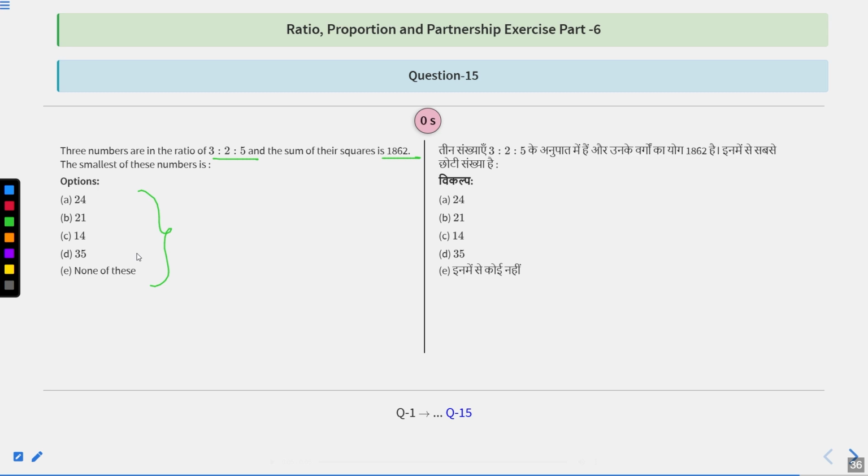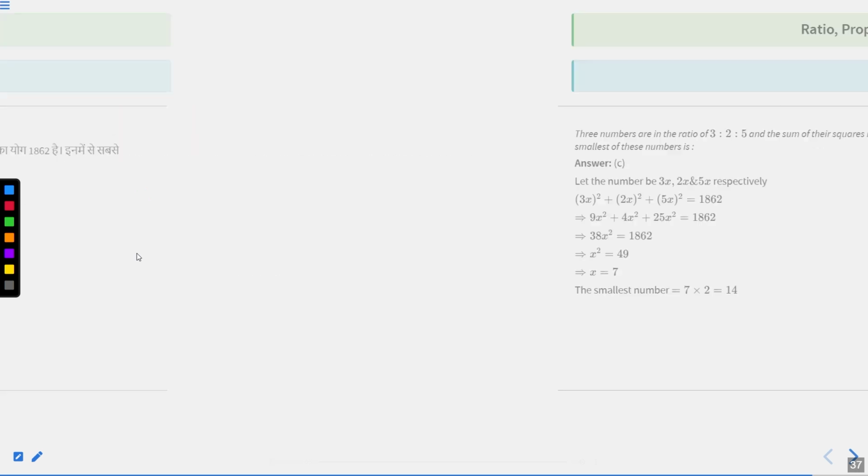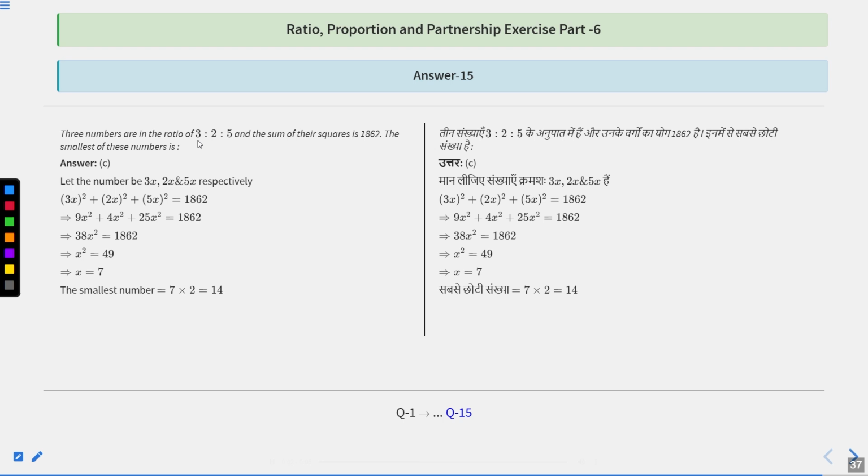Now time's up. Let's see the solution. Now what we can do, we let the numbers be in the form of some variable. So we let them be 3x, 2x and 5x. When we square these numbers and sum up, the sum of squares equals 1862. It is given in the question.